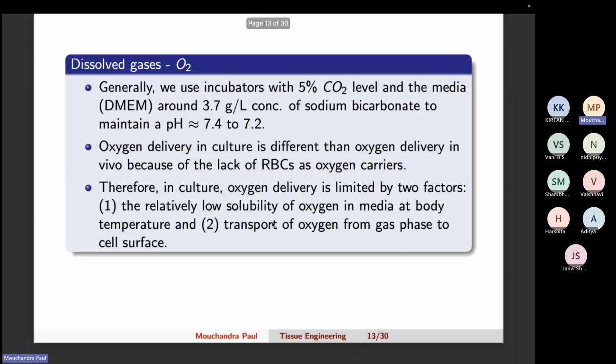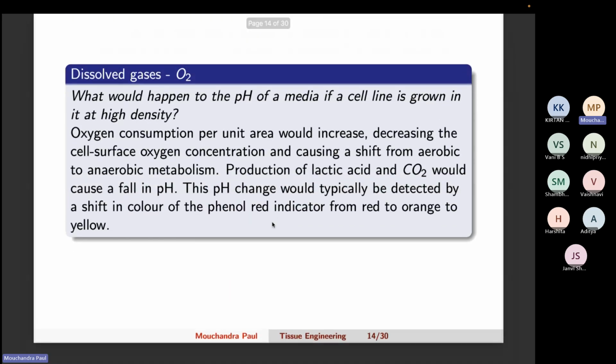So two types of acid will start getting produced, lactic acid and carbonic acid. Together they will reduce the pH, and you will be able to see this reduction in pH through the change in color of your pH indicator phenol red. It will become orangish to slightly yellow when the pH has become completely acidic.